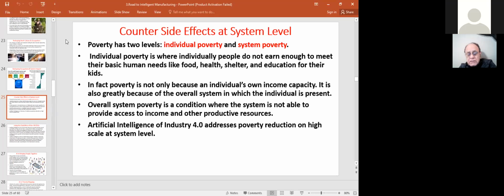So poverty on the system level is much bigger and much more devastating than poverty on the individual level. So we see that artificial intelligence today can cater for poverty reduction on the system level.